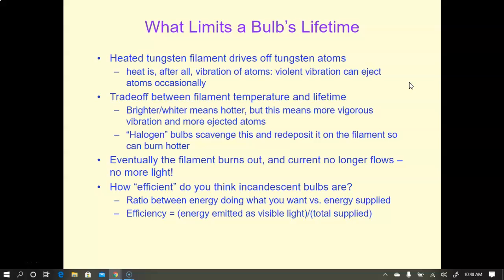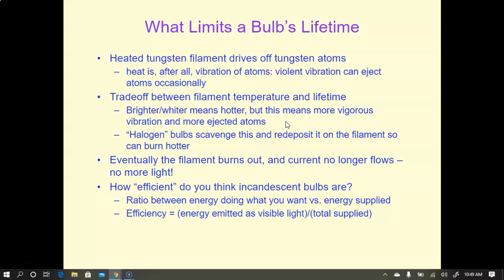Because it is heat, it's causing vibrations in the atoms, and those violent vibrations are going to occasionally eject atoms, especially when you're dealing with a very thin piece to begin with. So you have a trade-off between how hot the temperature can get and how long the filament's going to last. If it's brighter and whiter, it means that it is hotter, so the vibrations are more vigorous, and therefore there'll be more atoms which are booted out.